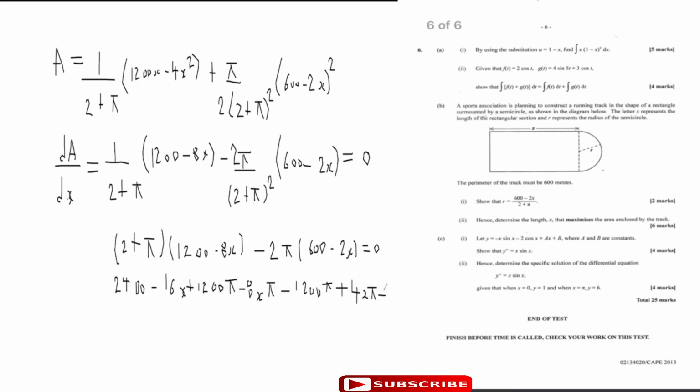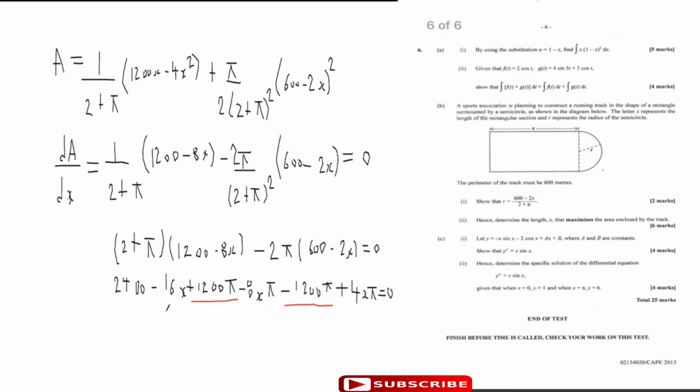Now look what I'm going to do. I am going to underline this right here, this 1200 pi and this minus 1200 pi cancel each other. Okay, and all we need to do is group our x terms.